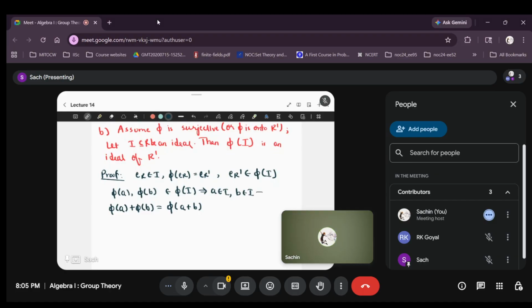That means A plus B is in I. Right? So phi of A plus B is in phi of I. So we took phi of A and phi of B in phi of I, then we showed that phi of A plus phi of B is also in phi of I. So we showed that it is closed under addition.